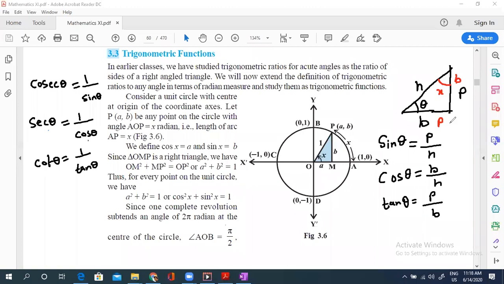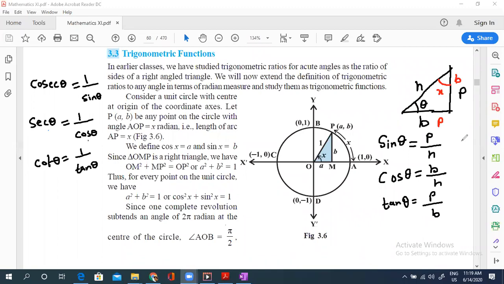Then sine theta, cos theta, tan theta and sin x, cos x, tan x won't be equal. Theta is this angle; for this angle this is perpendicular and this is base. But for this angle x, this is base and this is perpendicular. Got this? This is something you should remember.